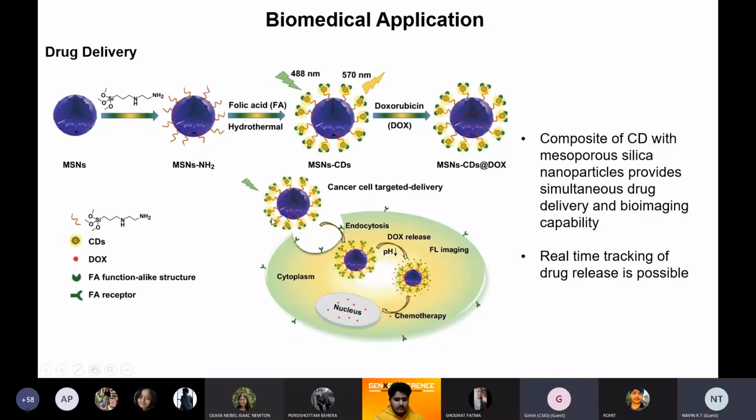Because the pH of the cancer cells is lower, this doxorubicin is released into the cancer cell lumen, and the release profile, or the spatiotemporal profile of the drug release, can be easily studied because of these carbon dots.